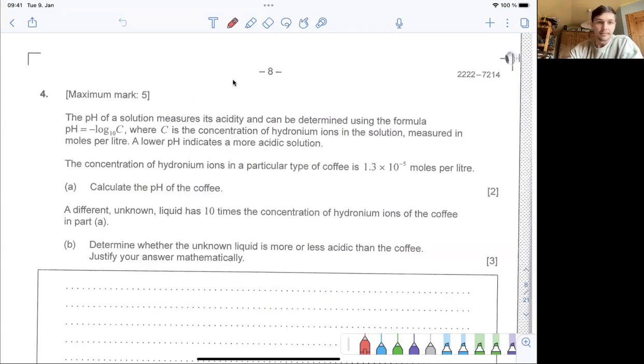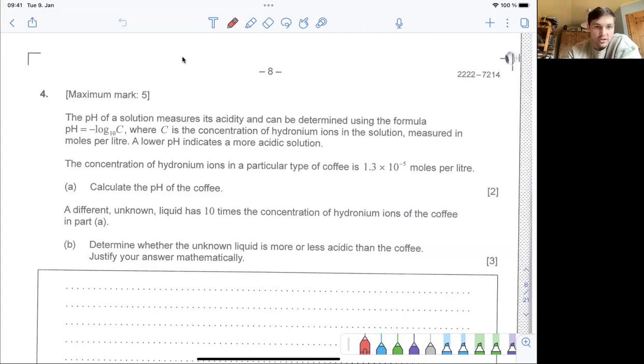Question 4. The pH of a solution measures its acidity and can be determined using the formula pH equals negative log to the base 10 of C, where C is the concentration of hydronium ions in the solution measured in moles per liter. A lower pH indicates a more acidic solution.